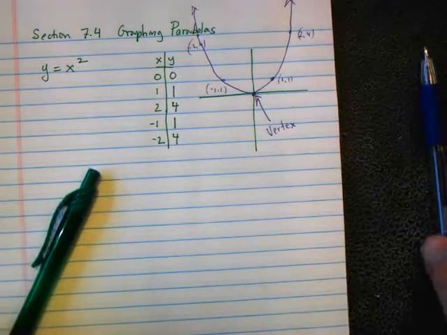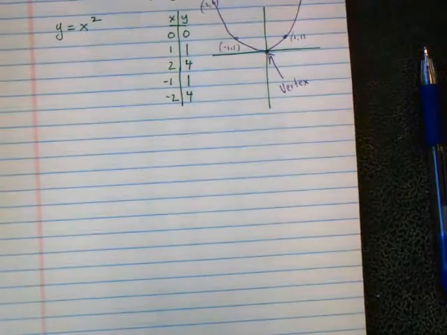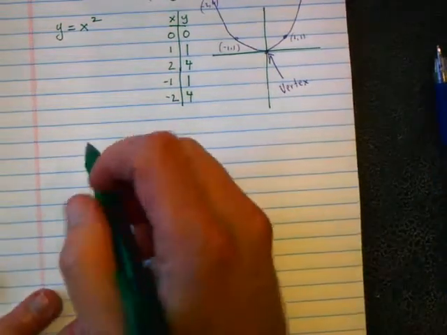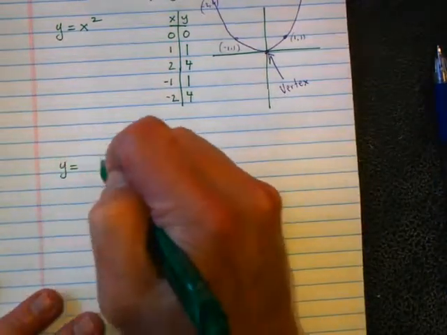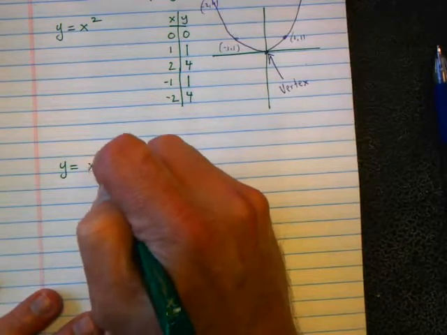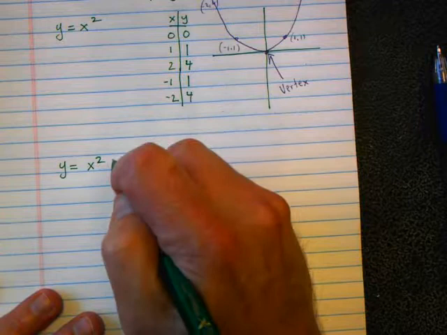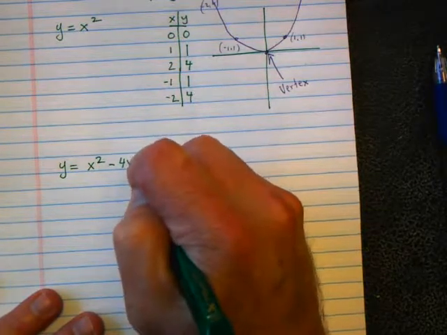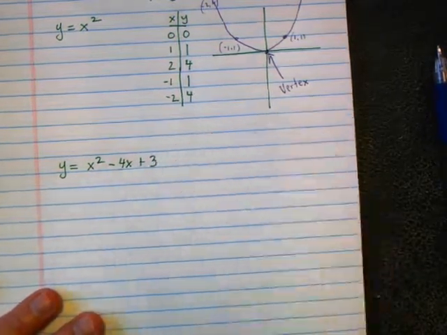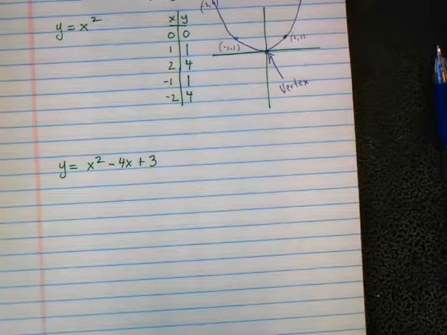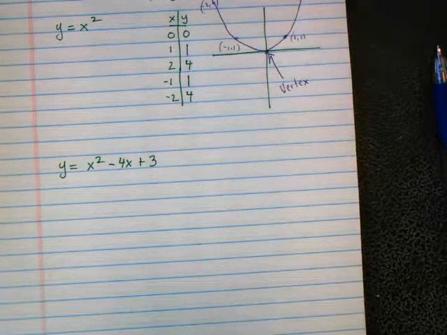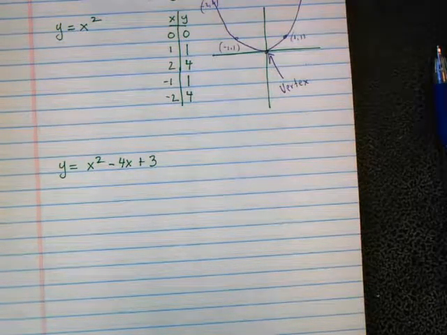Alright, so that takes us a long way to how we're going to graph parabolas. Let's say I give you y equals x squared minus 4x plus 3. Here's what we typically do.